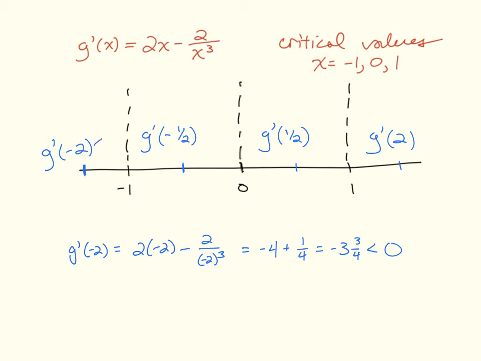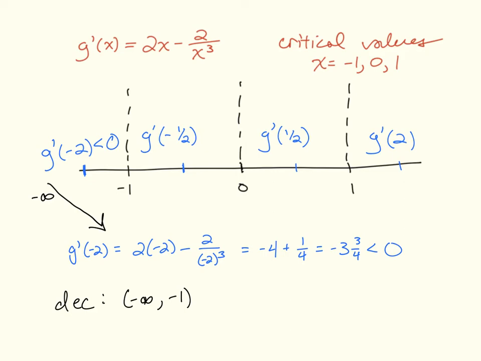So since this gave us something that was less than 0, the function is decreasing between negative infinity and negative 1. So I'm going to start writing my answer down here. Decreasing from negative infinity to negative 1.